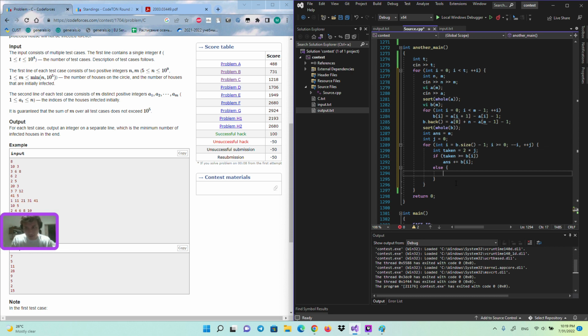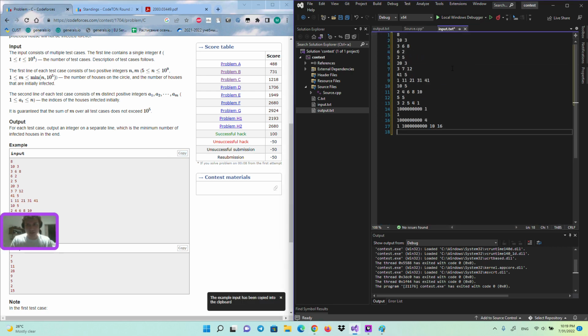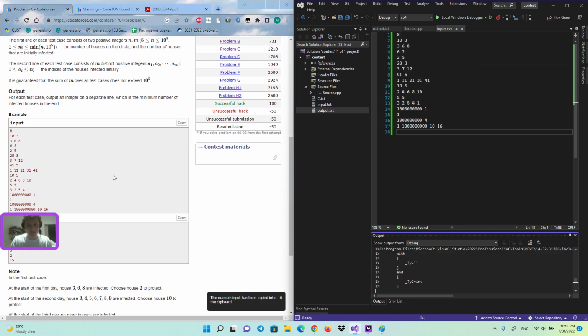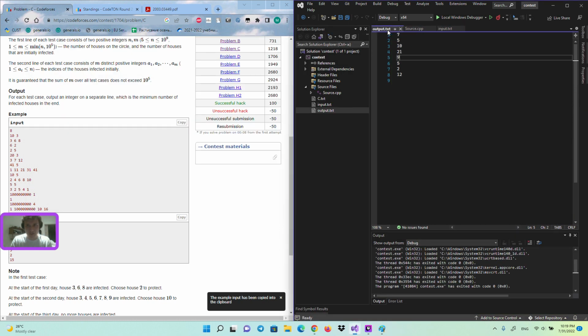And in this case, the answer is minimum of bi minus 1 and taken plus 1, I guess. It's so hard, but I guess it's correct now. Now we output ans. Okay, that's fine. All we need is the correct answer.